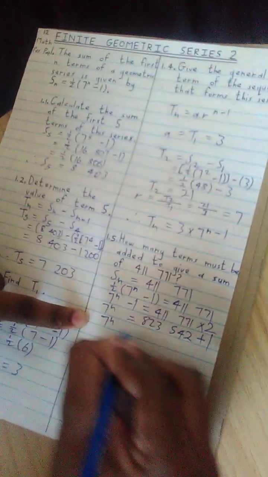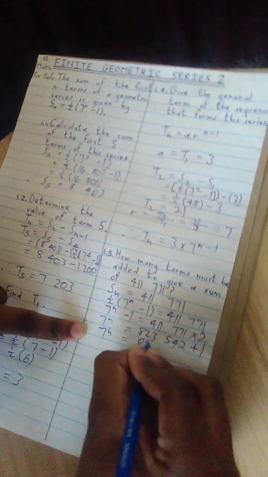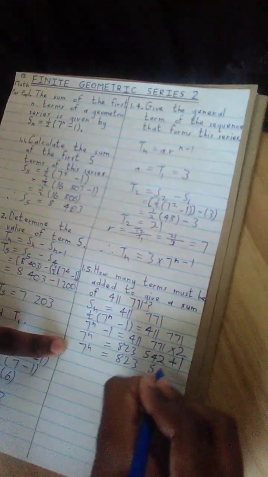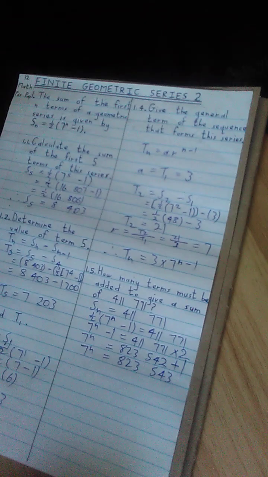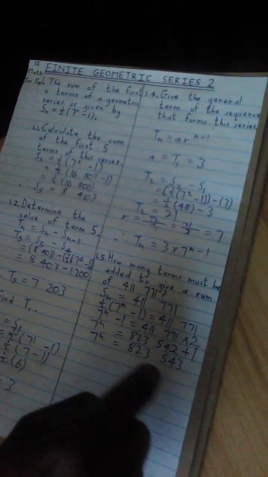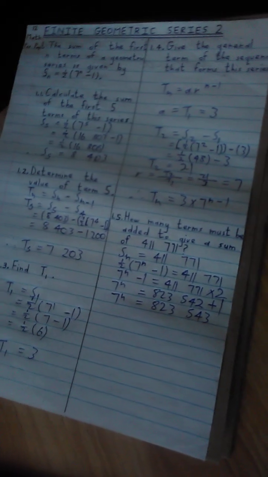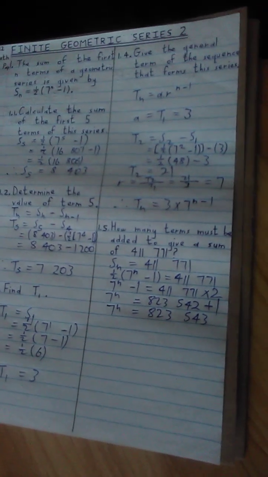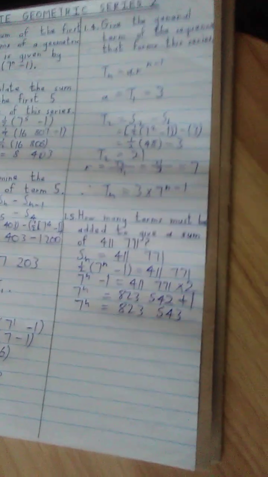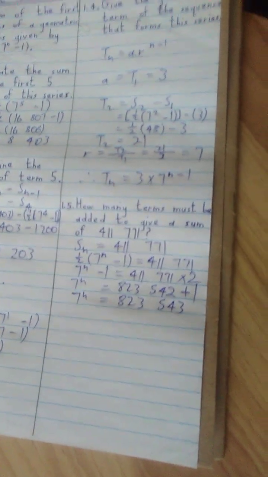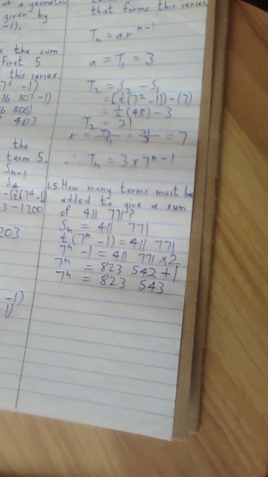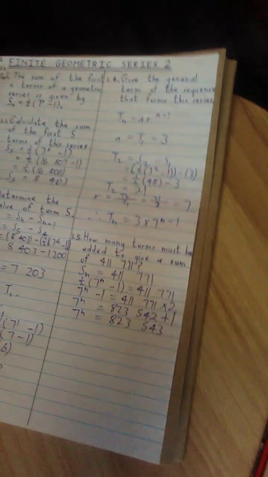So 7 to the power n is equal to 823,543. Right? How can we write 823,543 as a base of 7? It's 7 to the power of 7.